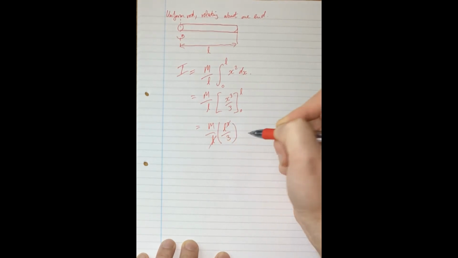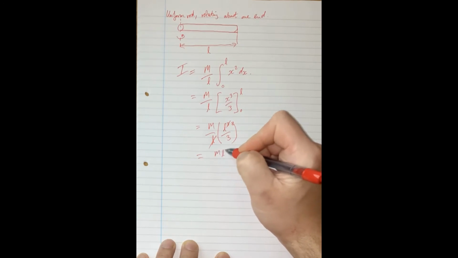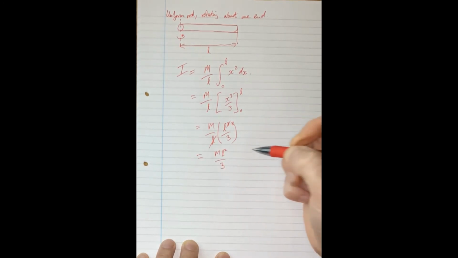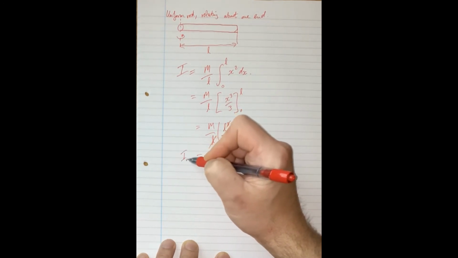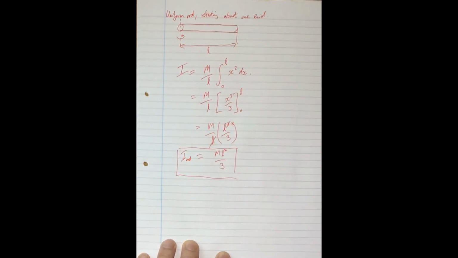L cancels down, and so this time you get mL squared over 3. So slightly different this time. The moment of inertia of a rod when it rotates about its end is mL squared over 3.